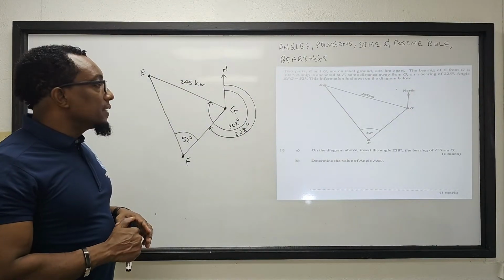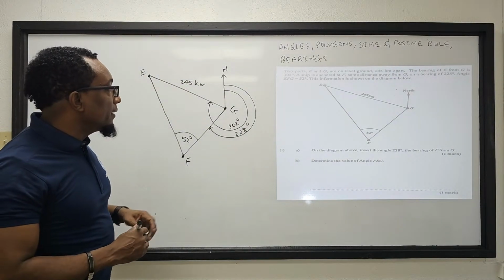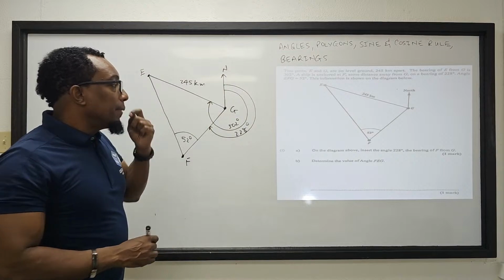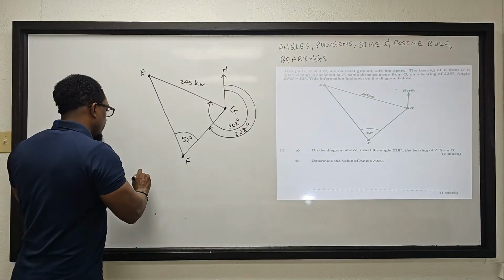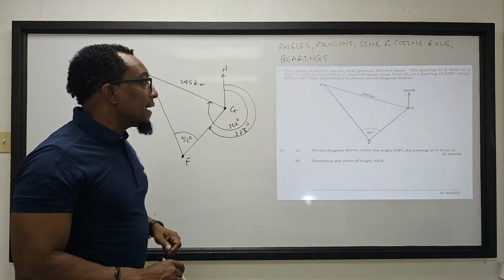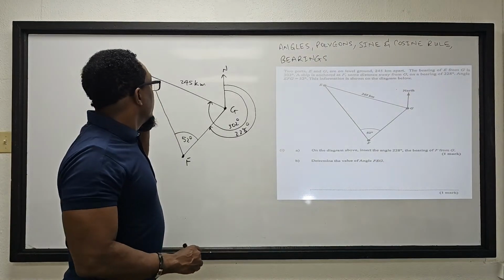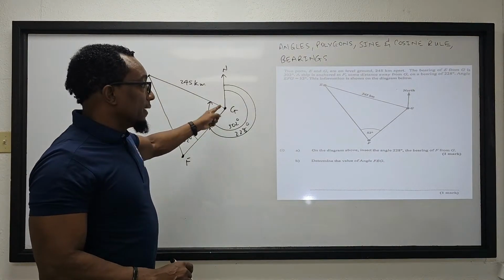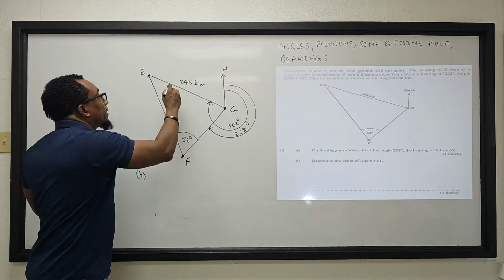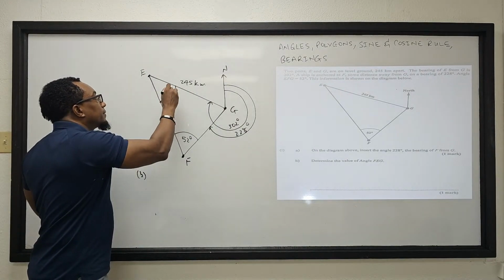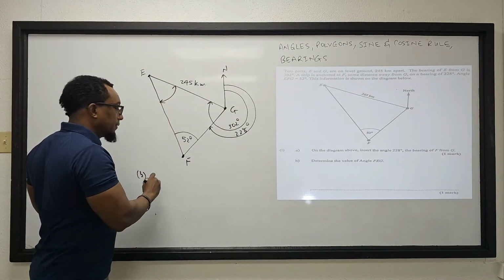Now this is part A, we've shown part A here. Part B: determine the value of angle FEG. This is the angle they want us to find here.